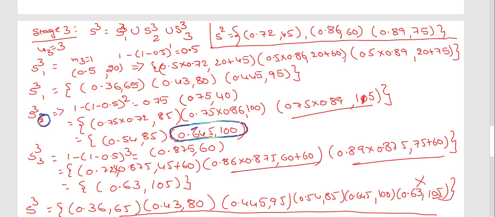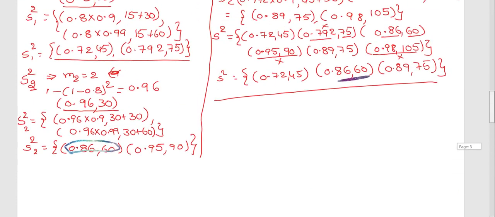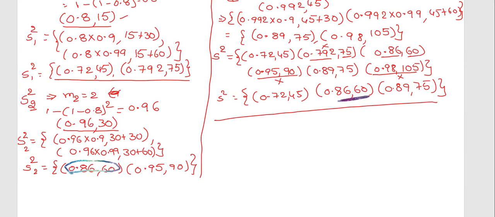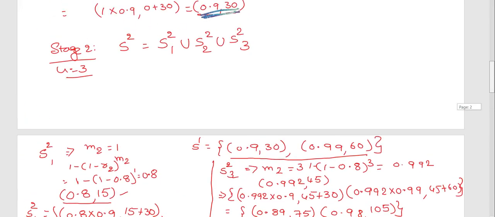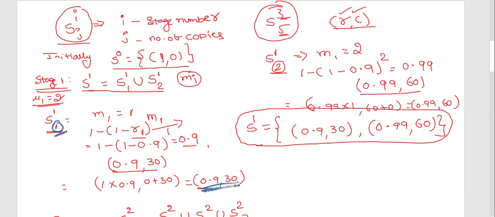So we are considering the pair 0.86. Again, in stage 2, how did 0.86 occur? We are multiplying with 0.9. Where is 0.9 present in stage 1? 0.9 is present with 1 copy. That is the reason. So costs are subtracted and reliabilities are divided or multiplied. This is the way we are constructing a 3-stage system.